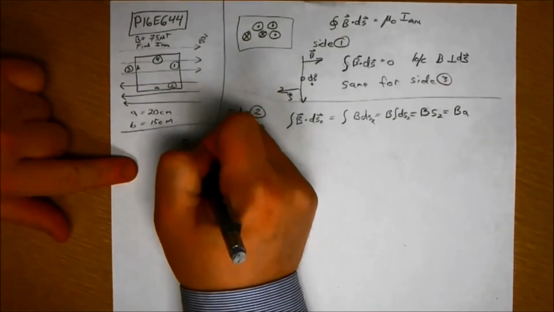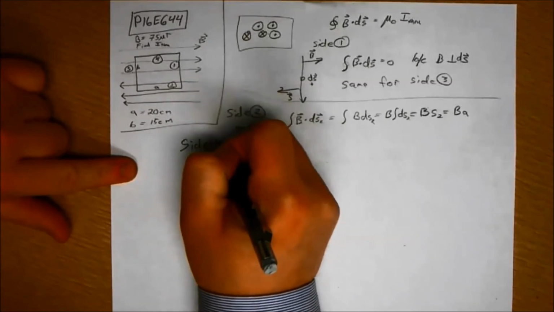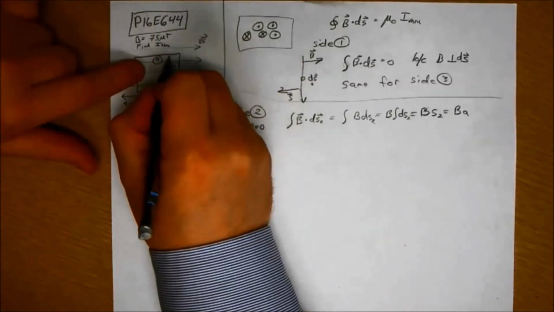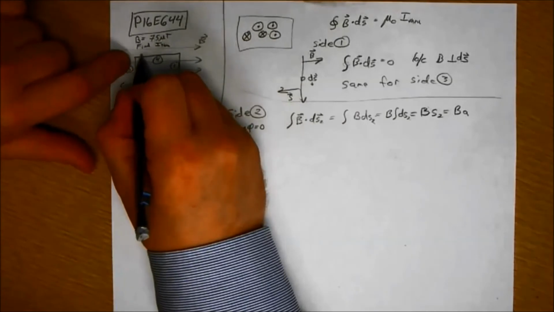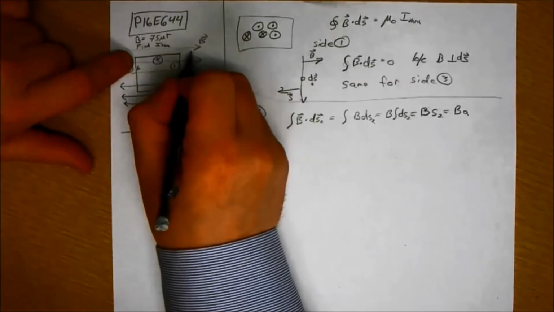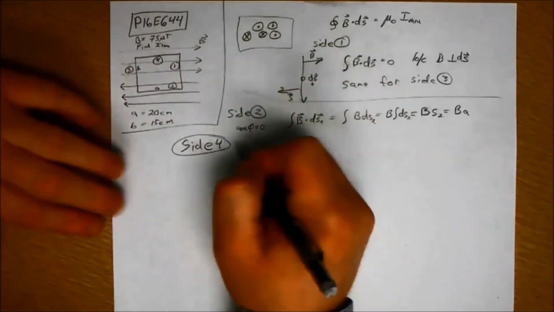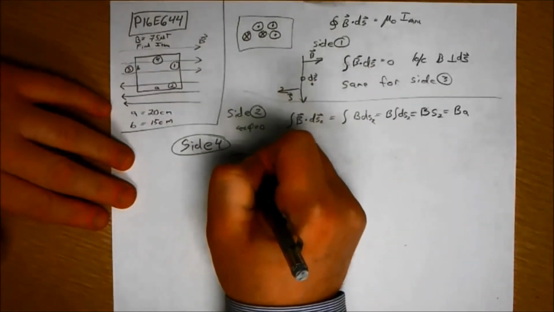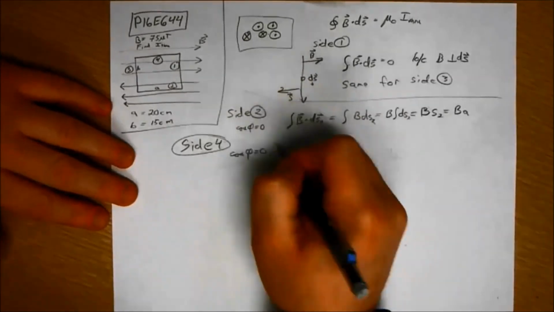So if I go now to side 4, this side, I'm now moving in a different direction, but I'm still moving in the same direction as the magnetic field because the magnetic field changed direction. So there's no negatives or anything to deal with. Cosine of phi, the angle between those two vectors, is still 0.